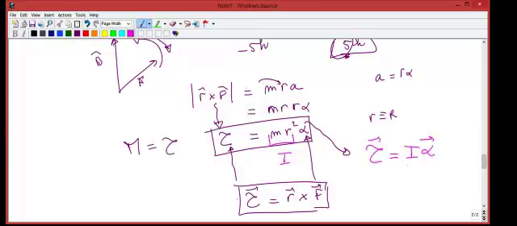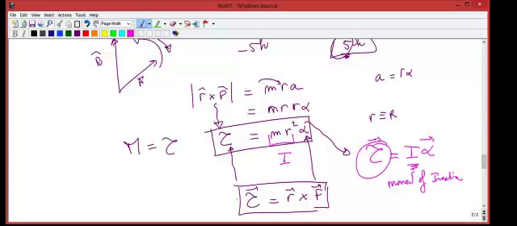And this I is not called the inertia, like we used to call the mass in Newton's second law. This is going to be called the moment of inertia. Because this is a torque or a moment. That's how we differentiate one from the other.